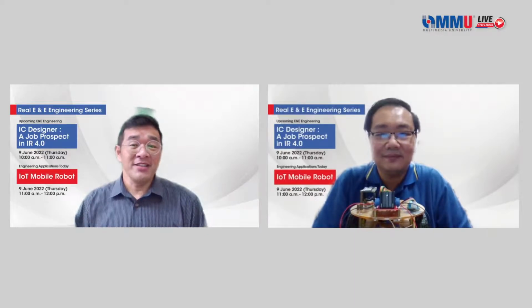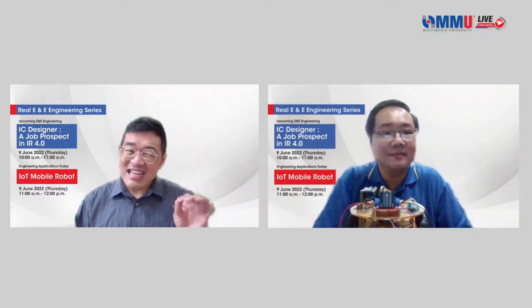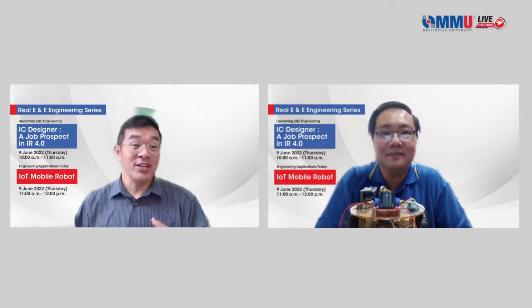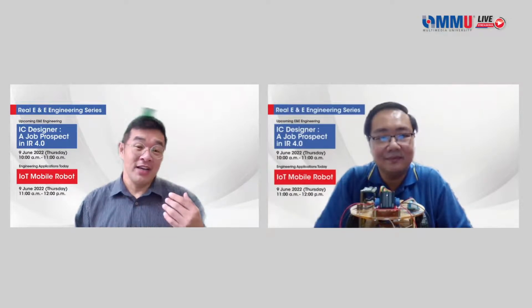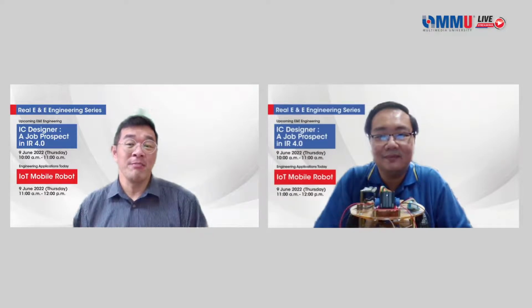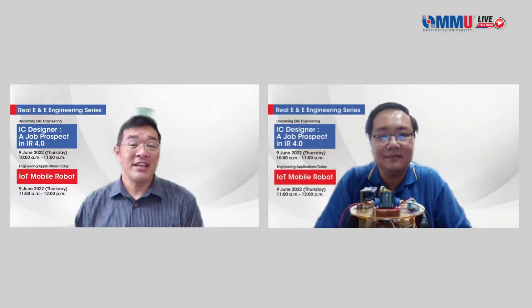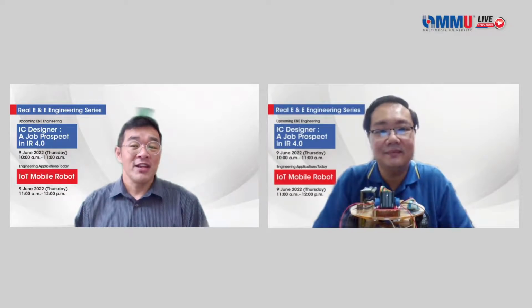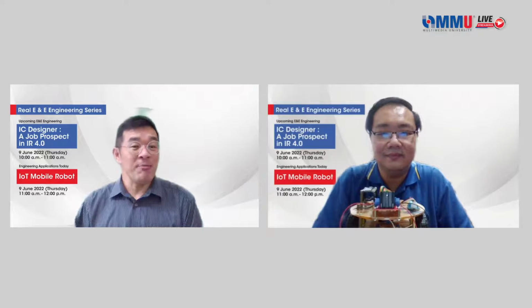I think not only me, but the audience watching the webinar with us will get to know a bit about how to make the robot car, the knowledge we need to acquire to implement this IoT mobile robot car, and also the introduction to the Bachelor of Science in Intelligent Robotics offered at MMU. If the audience want to know more, please go to the MMU website and make an appointment with us.